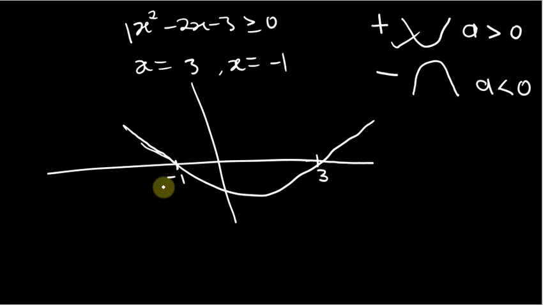Now, after drawing the curve, the next thing you have to consider is the inequality sign. In this case, the inequality sign is greater than or equal to. So anytime you have a greater than or equal to, we are going to shade the upper part of the curve, or the part of the curve which is above the x-axis.